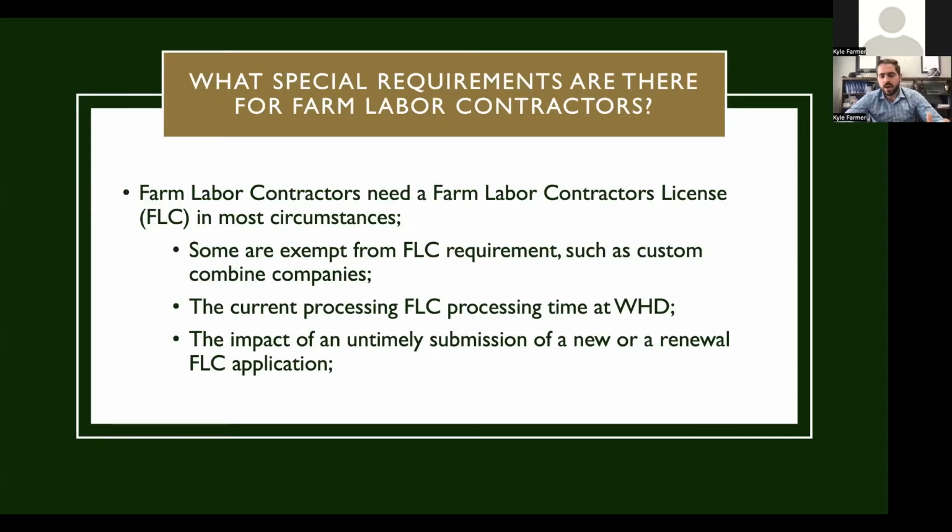But the authority to operate letter is subject to your timely renewal of your FLC license. Basically the letter says you can continue to operate as an FLC while your application is pending, only if your application was received timely. This makes a big difference in terms of the actual certification of your labor certification with the Department of Labor, because that is something they'll cross-reference. So pay a lot of attention to the renewal and updating of your FLC license.